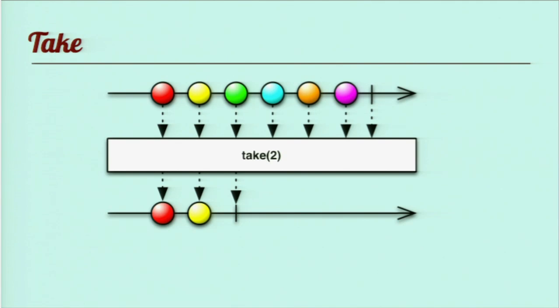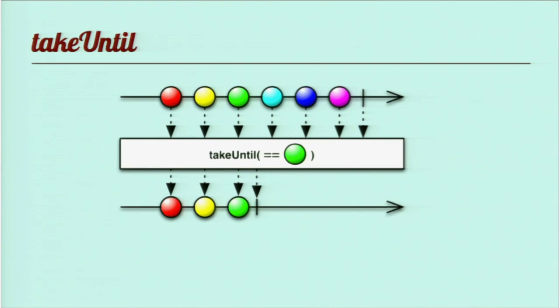There are also things like take. So take, you tell the observable that you are only interested in n number of elements, and it will unsubscribe from the input stream and only return you the first 2 elements and complete. And yeah, you can see that there are a lot of variations on these operators.